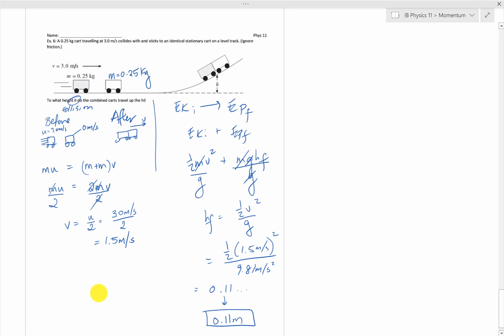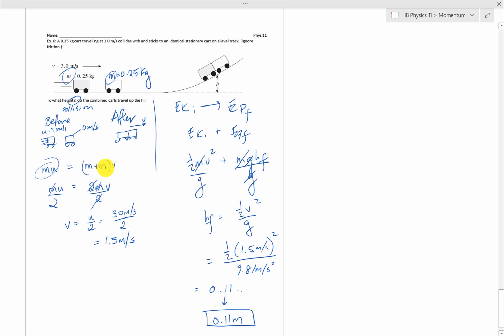Okay, here we have the solutions to the problem, very similar to the last case, but now because we have the two masses being the same, I just use m for my variable here. So I have mu for the mass of the cart times its velocity in the beginning, the second cart wasn't moving, equal to the total momentum afterwards, which is just two carts combined times some final velocity there.